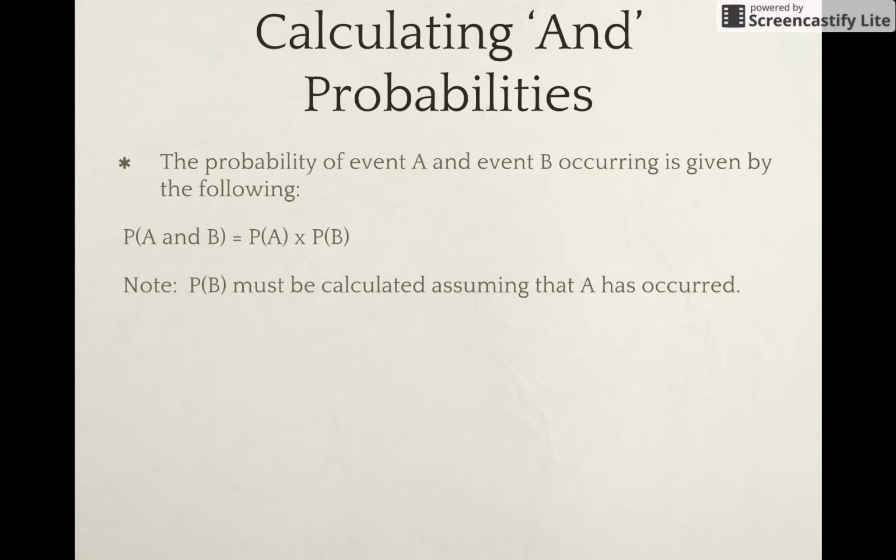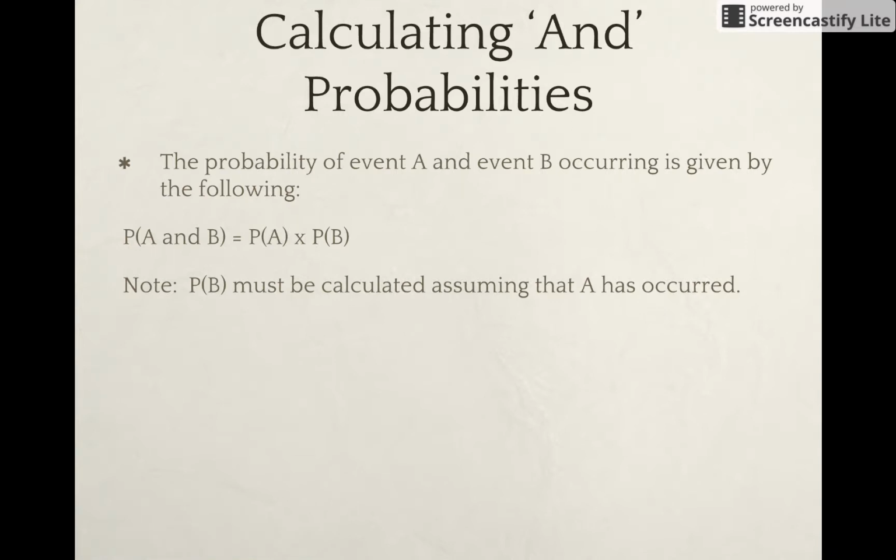It's very important to note that this formula assumes that when we multiply by the probability of B, we're calculating that probability under the assumption that event A has occurred. This is technically called conditional probability.